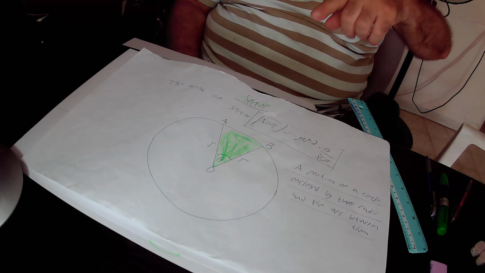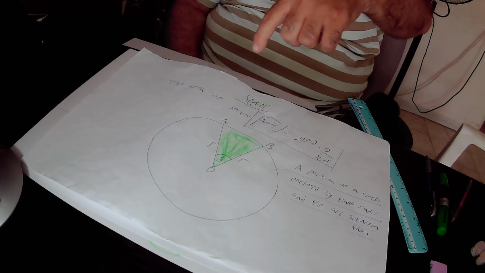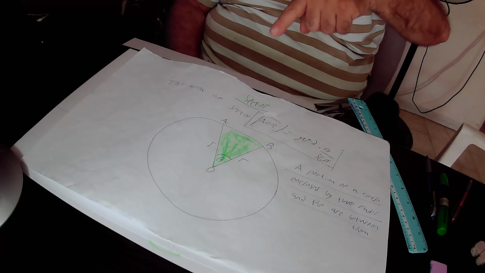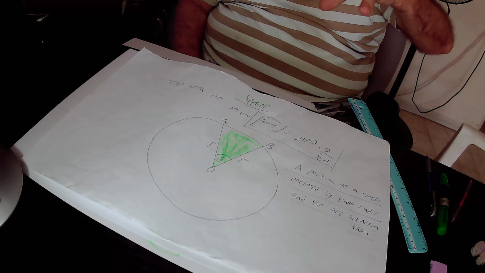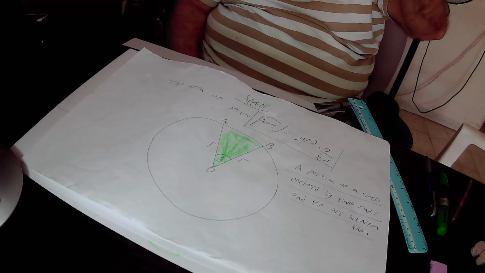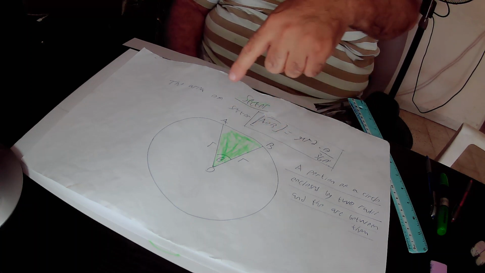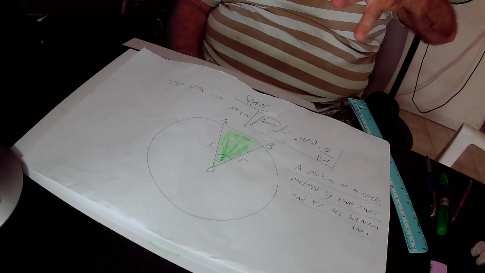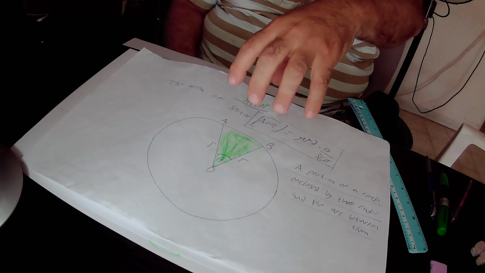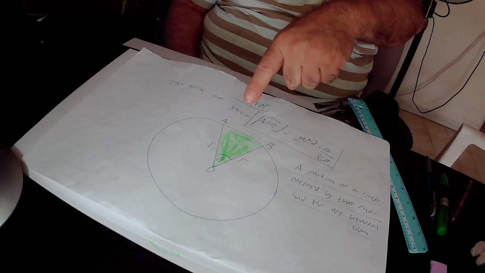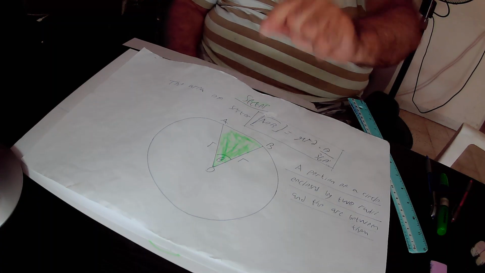In conclusion, a sector is a portion of a circle enclosed by two radii and the arc between them, and the area of the sector equals pi r squared times theta over 360 degrees.